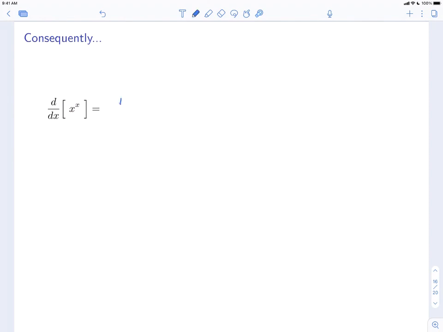So this is the derivative with respect to x of e to the ln of x raised to the x, which is the derivative with respect to x of e to the ln of x times x. And then we use the chain rule. So the derivative of e to the something is e to that thing again.